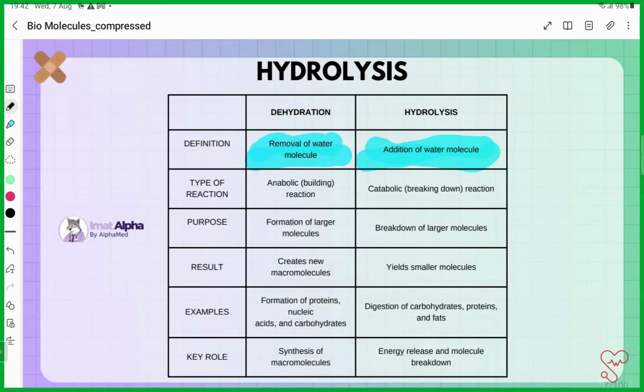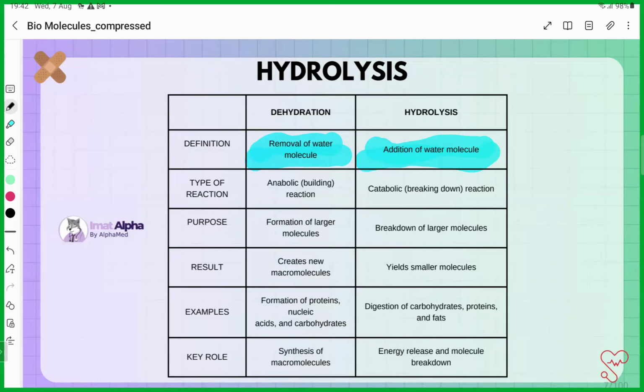Examples: formation of protein, nucleic acids and carbohydrates. However, in hydrolysis: digestion of carbohydrates, proteins, and fats. The main role of dehydration, we spoke about it, is synthesis of macromolecules. However, hydrolysis or the decomposition is releasing energy and molecule breakdown.